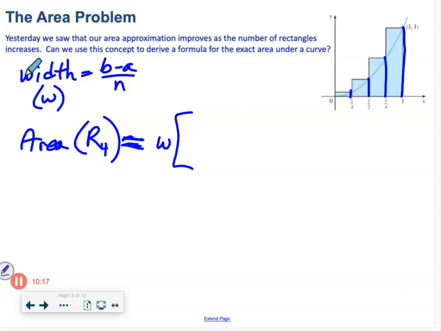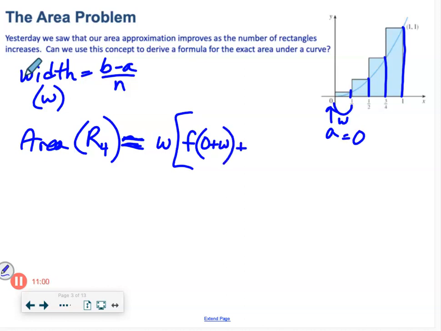Okay. So how do we generate the first height? Well, we need a number to plug in. Here's how we find the number to plug in. We start at the left endpoint. Our left endpoint is 0. I don't want to plug in the left endpoint because I'm using right-handed rectangles. So I'm going to start at the left endpoint and add 1 width. That's going to take me to the first number to plug into my function. So the first number I'm going to plug in is just f of my left endpoint plus 1 width.